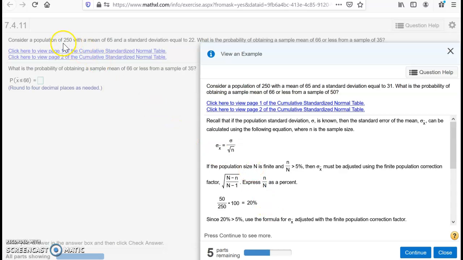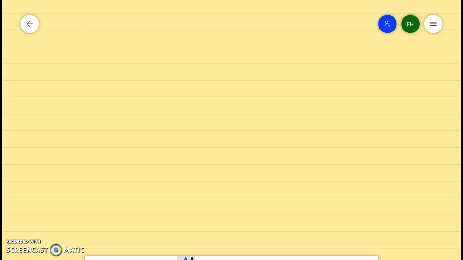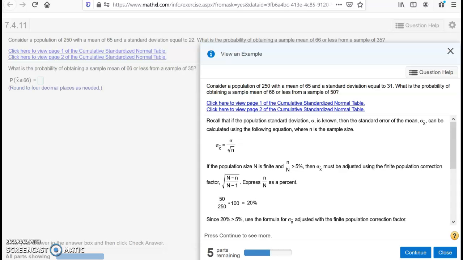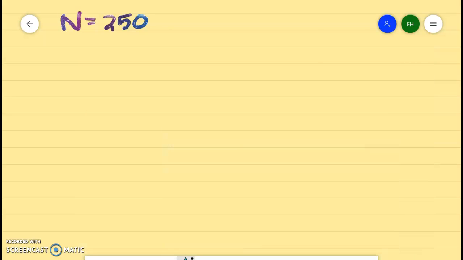We have a population of 250, so our population number N is 250. And then the mean of the population is 65. And then the population standard deviation is 22.